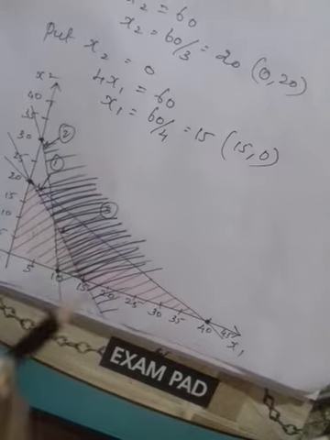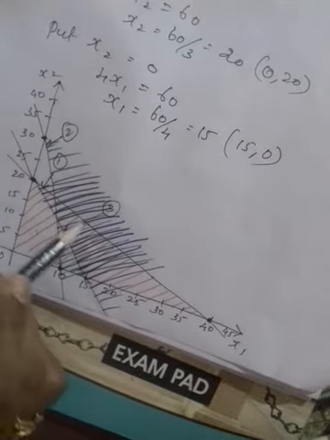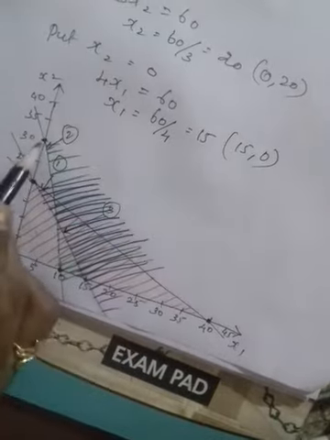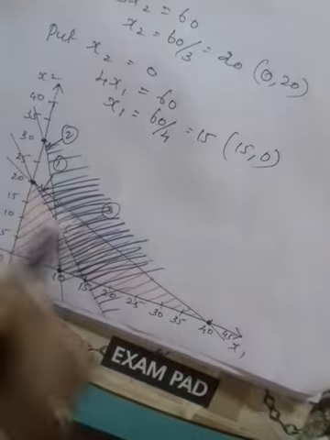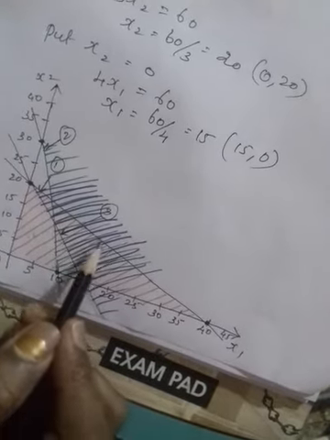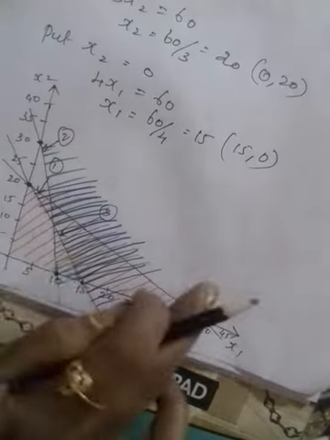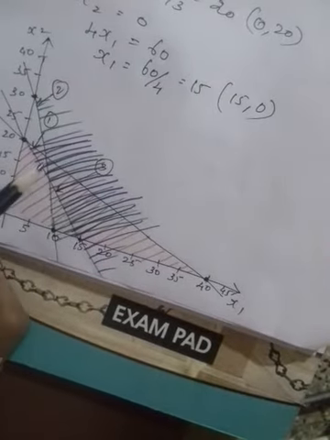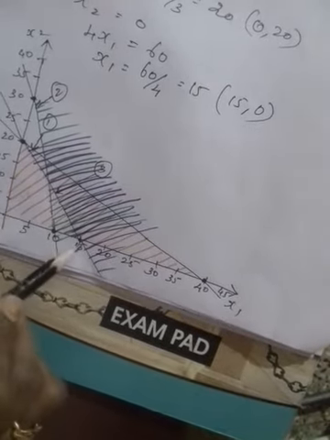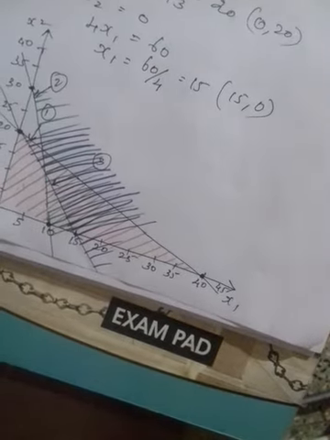Take this area away from 0. Here the orange is not there, it means the first equation is not satisfied in this area, so you should not take it. It's infeasible.